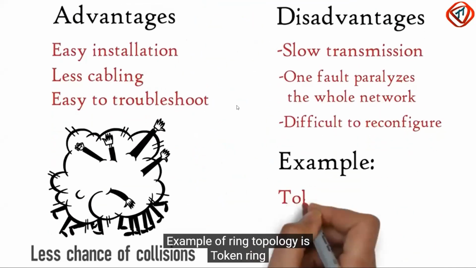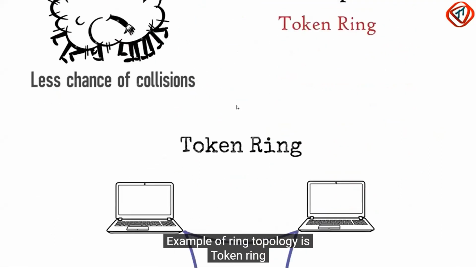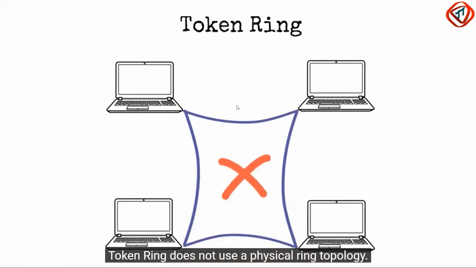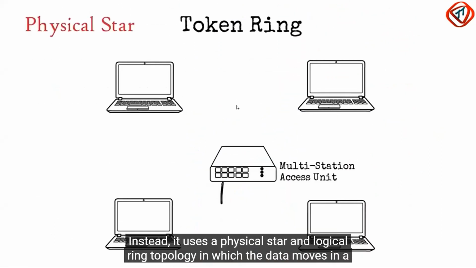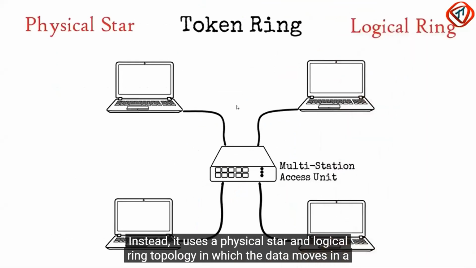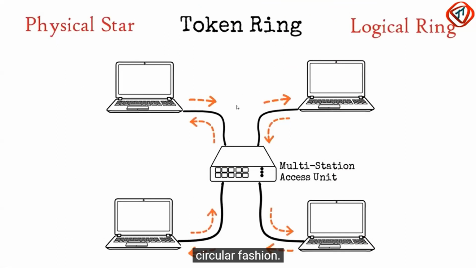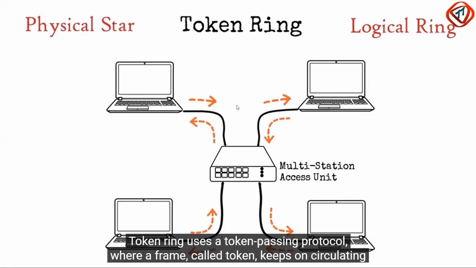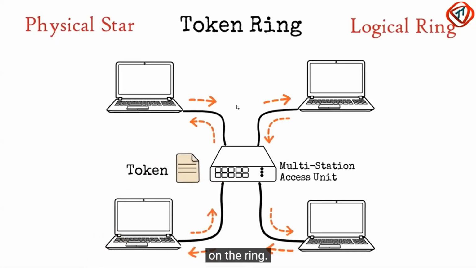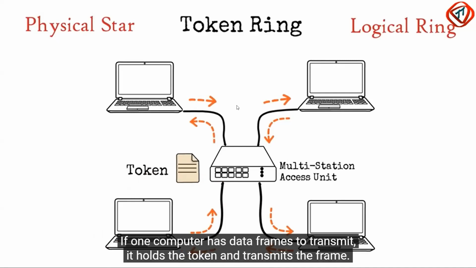An example of ring topology is token ring. Token ring does not use a physical ring topology. Instead, it uses physical star and logical ring topology in which data moves in a circular fashion. Token ring uses a token passing protocol where a frame called a token keeps on circulating on the ring. If one computer has data frames to transmit, it holds the token and transmits the frame.